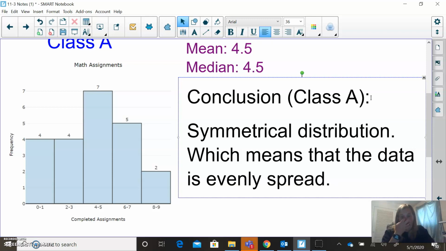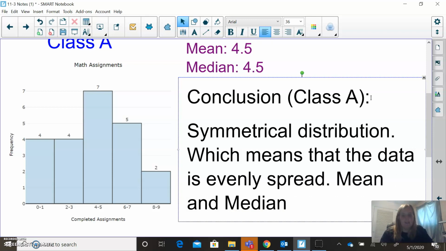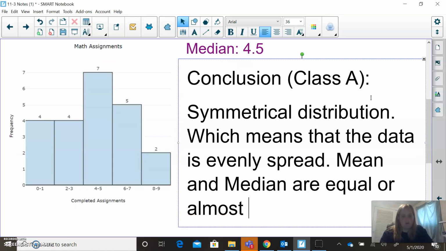Okay? And in every symmetrical distribution, the mean and median are equal or very similar, or almost equal.